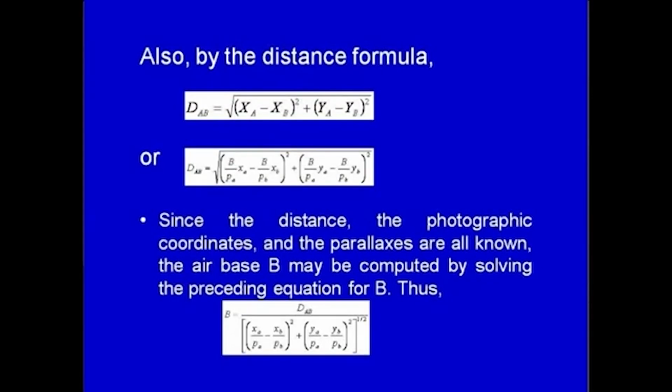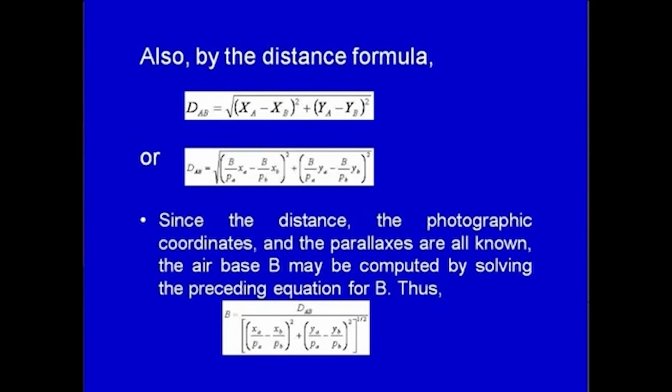Now, having designated the ground coordinates in relation to the base B, the parallax of the points and their photographic coordinates on the left photograph, we can substitute these values of x a, x b, y a, y b in the standard distance calculating formula. D is equal to under root of the difference of the x coordinates of a and b whole square plus the difference of the y coordinates of a and b whole squared.